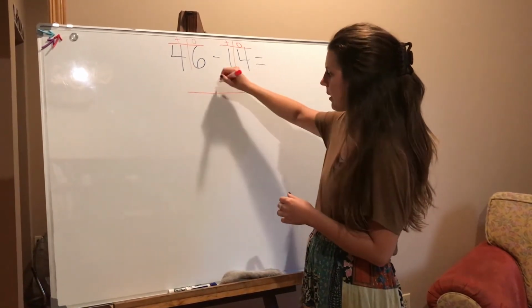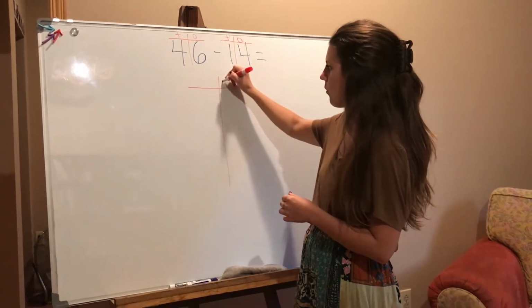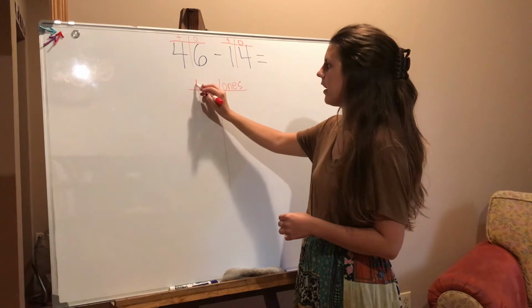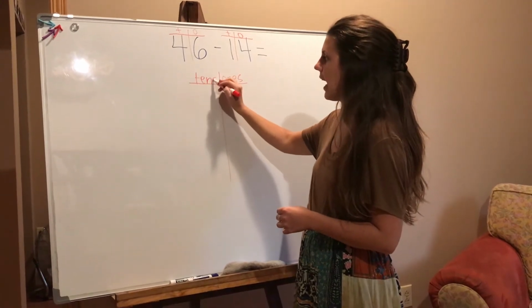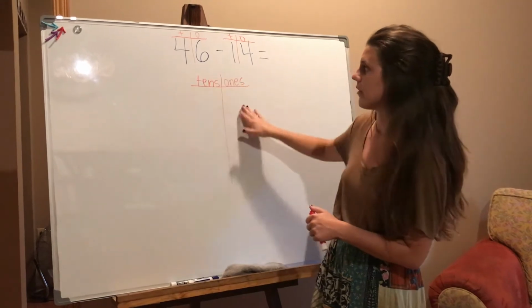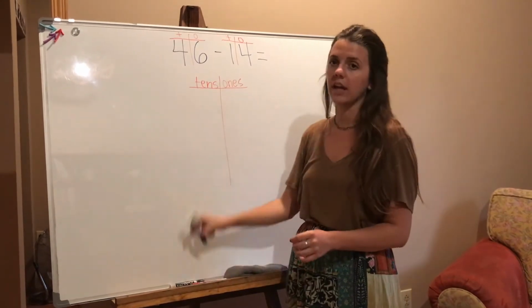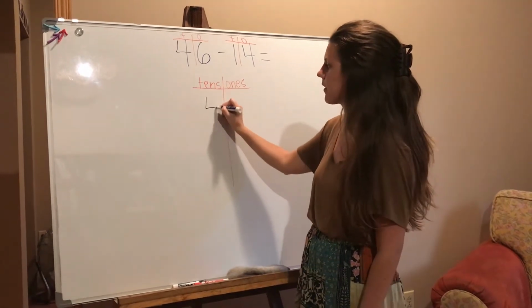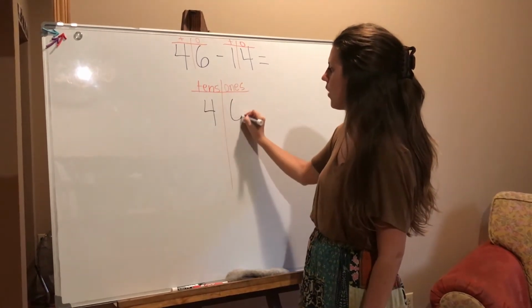Right here, I'm going to make a big ones place and a tens place. Now I have to make sure that I put them in the right column. So I have 4 tens and 6 ones.